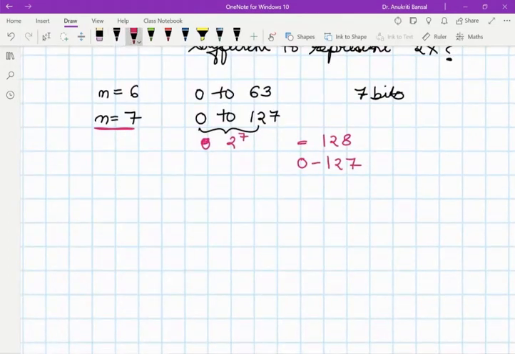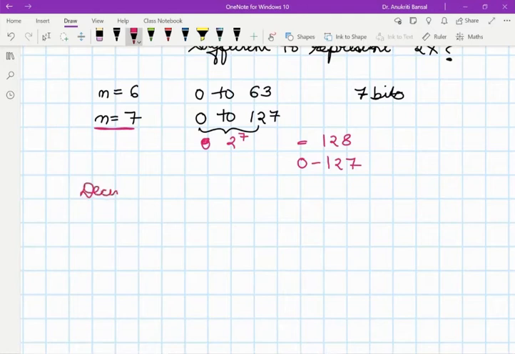Now this is all about the representation in decimal and binary. And we have also discussed how to convert a binary representation into decimal representation. And then we have also discussed how many numbers can be represented using n bits. Okay. Now let's discuss, suppose we have a decimal number and we want to obtain its binary equivalent. So how to do that?